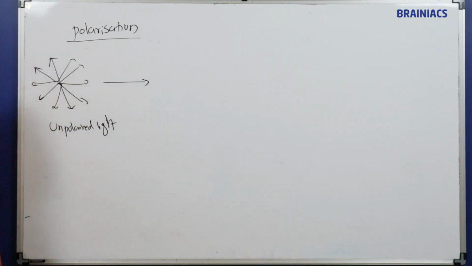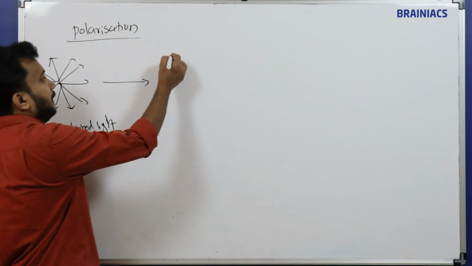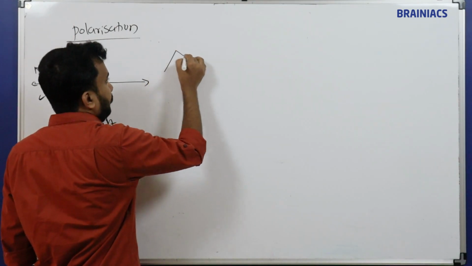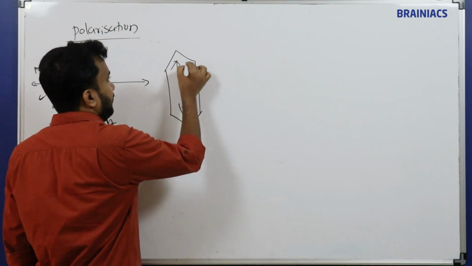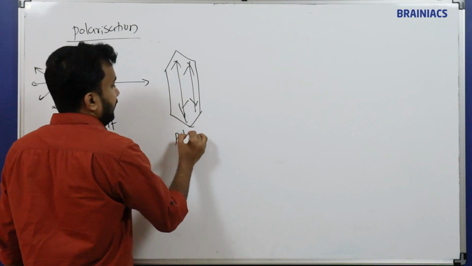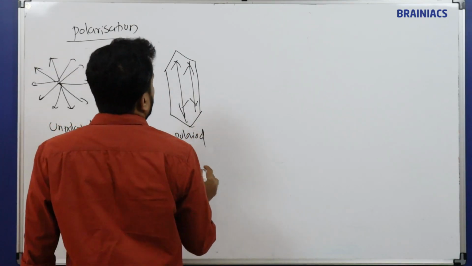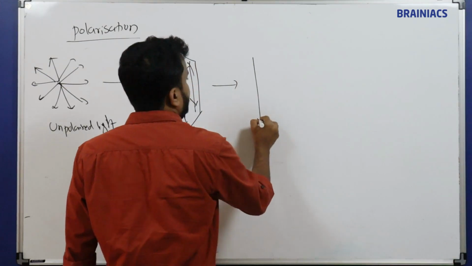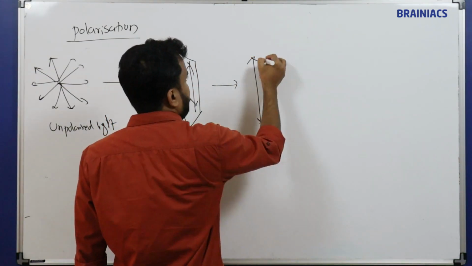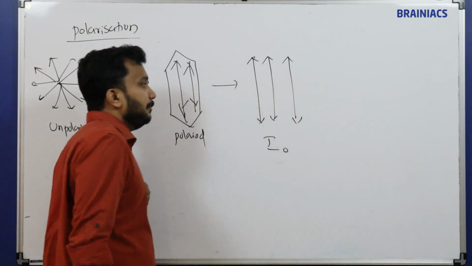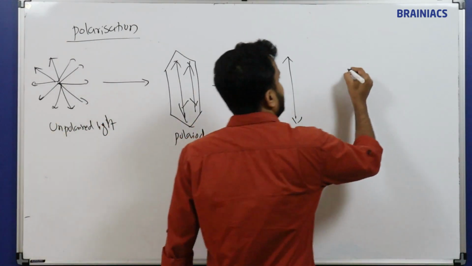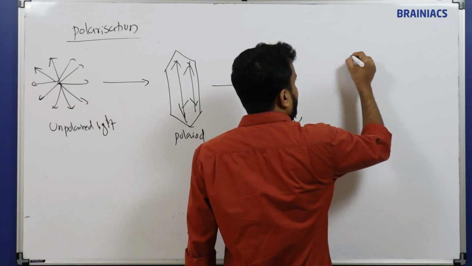Suppose I am passing this unpolarized light through a polaroid, with a vertical direction. If I am placing a polaroid, then what is the output? I will get a straight line only. Now let's assume, just for an assumption, its amplitude is I0.